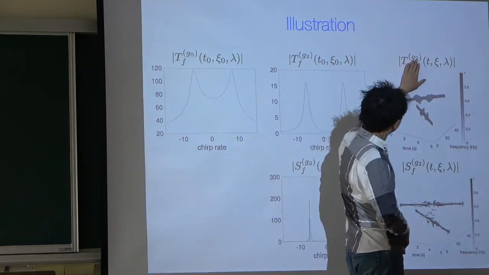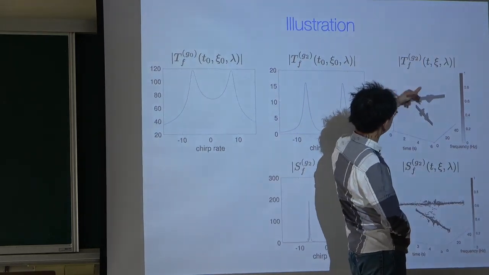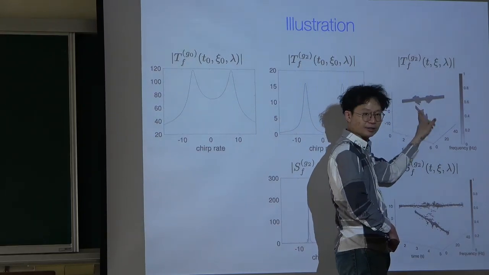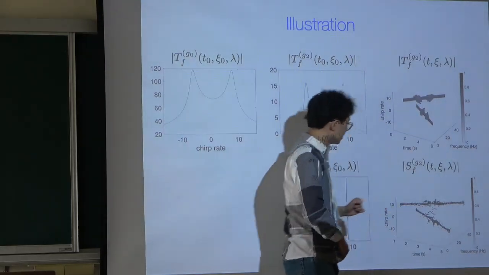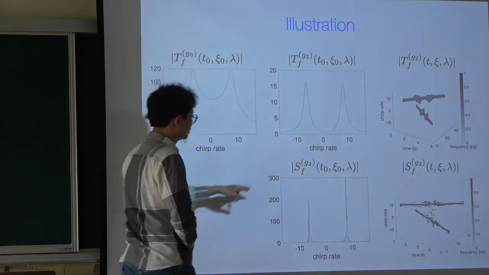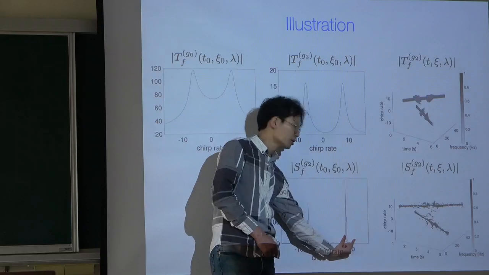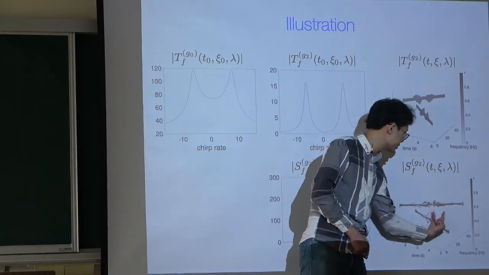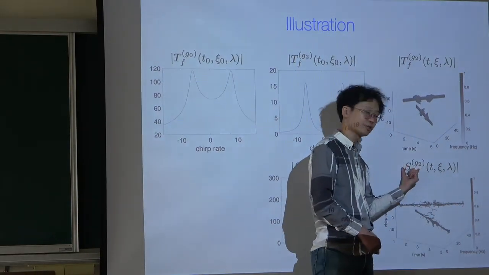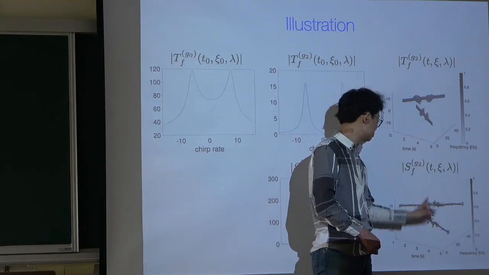And even with G2, the time frequency chirp representation is already good. It tells you there are two components. If now you consider G2, then you see it is much more concentrated. Okay, and this is the time frequency chirp representation of synchrosqueezing Chirplet transform with G2.